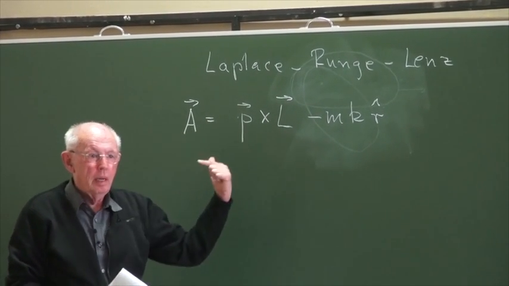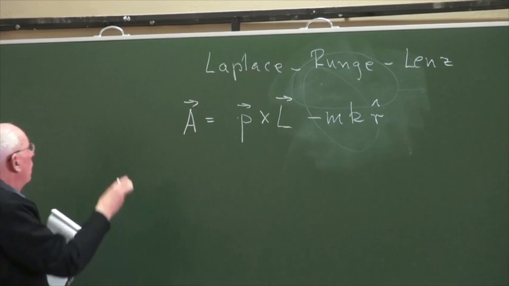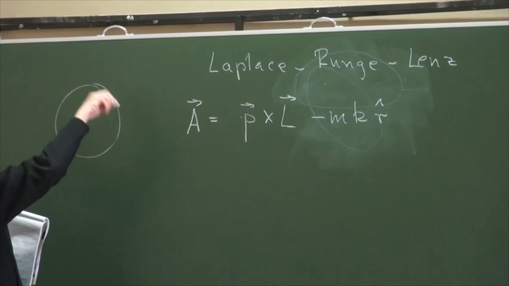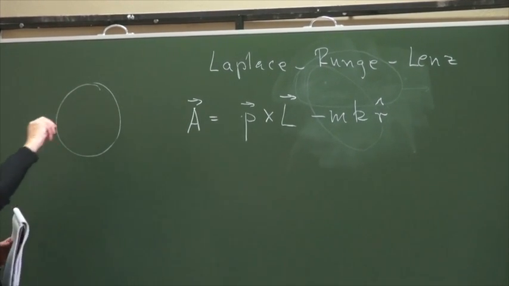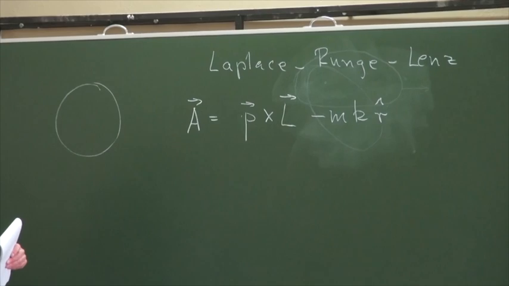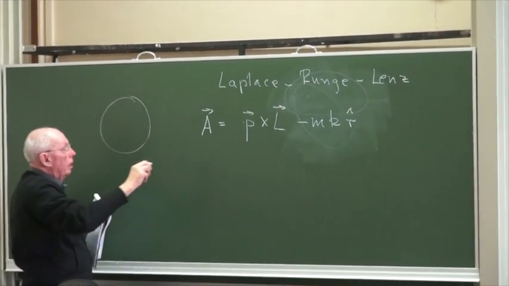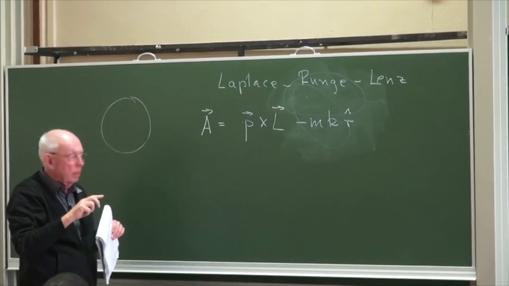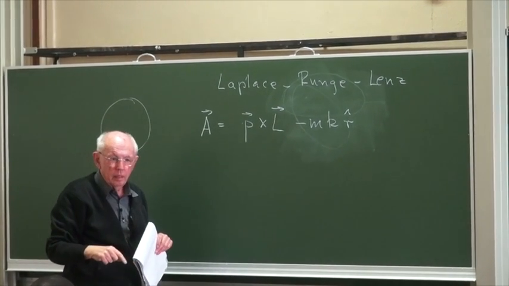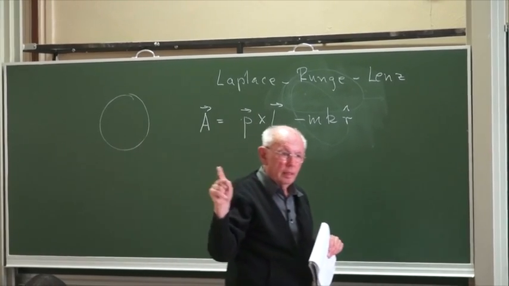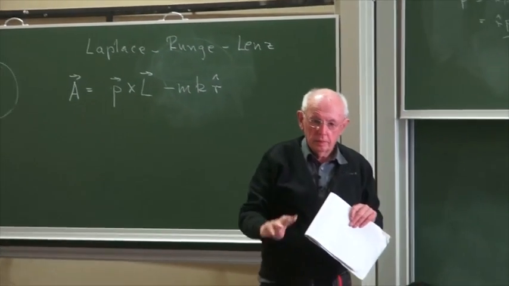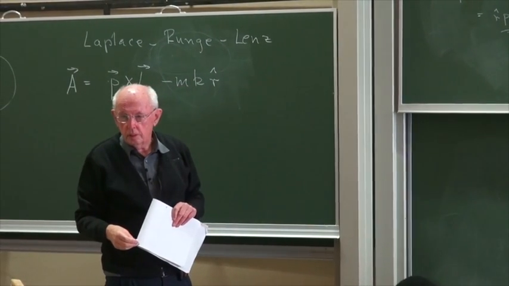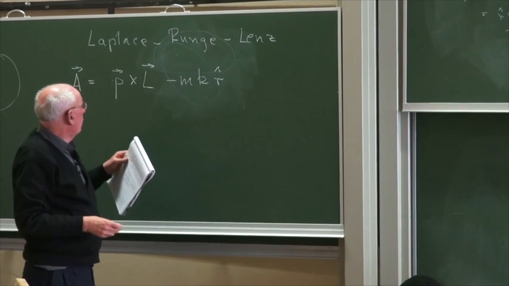L is out of the plane, since the movement goes like this and the vector L goes out of the plane. P is in the plane, and then P cross L is also in the plane. So it's a vector in the plane, and it's actually the vector which I showed just now.